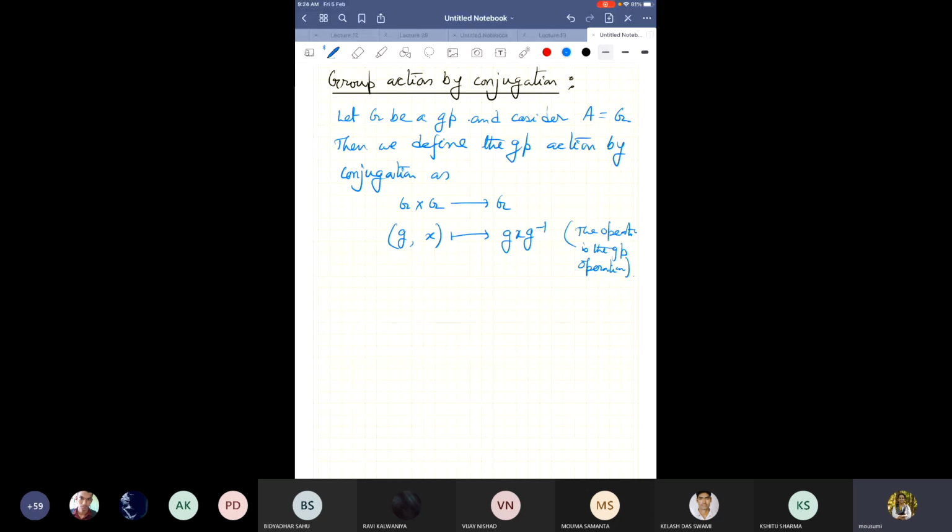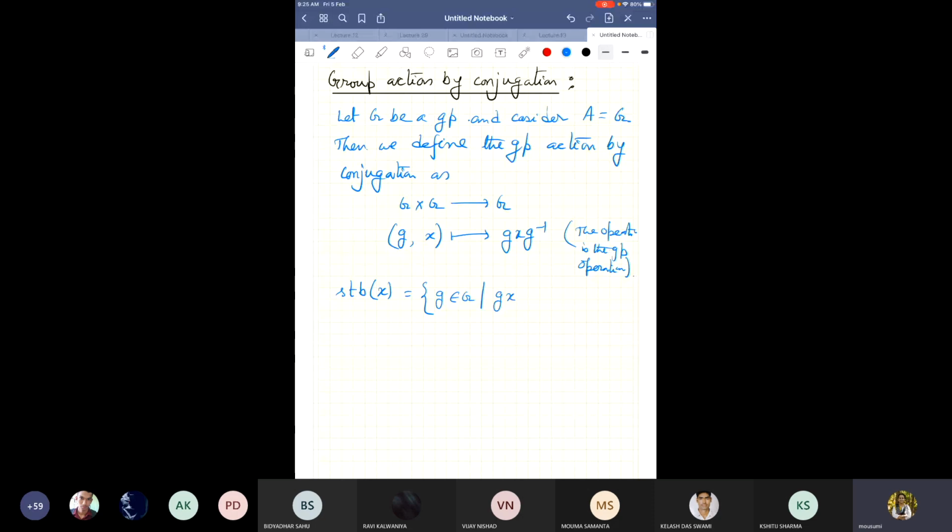Now, what will be the stabilizer of an element here? What was the definition for stabilizer? All those elements of the group such that it fixes the element of the set, right? That means gxg inverse should be equal to x, isn't it?